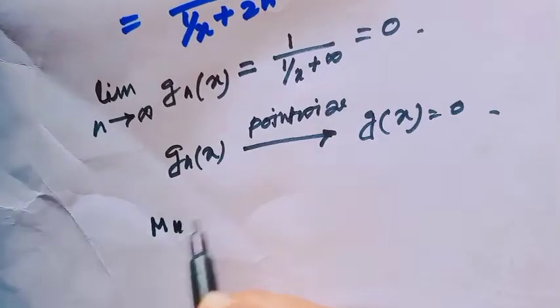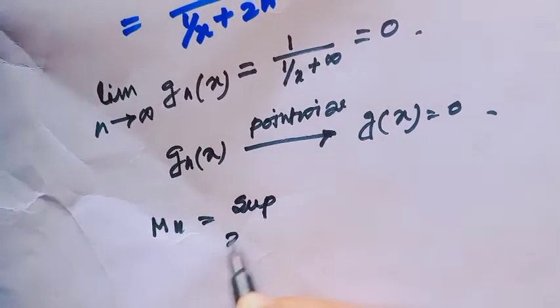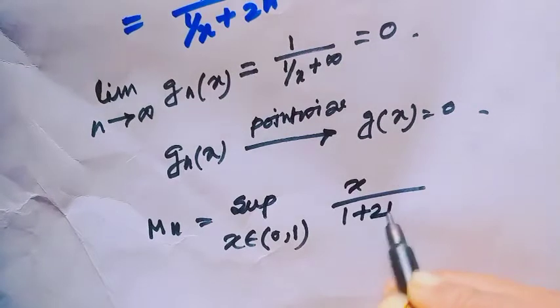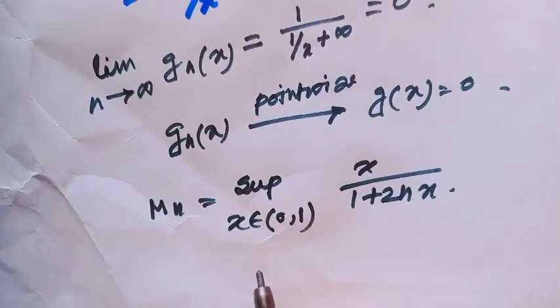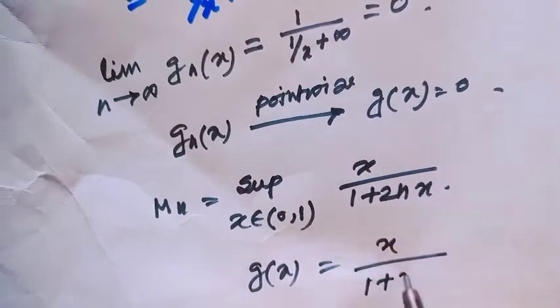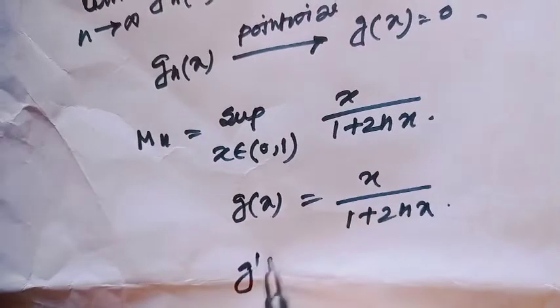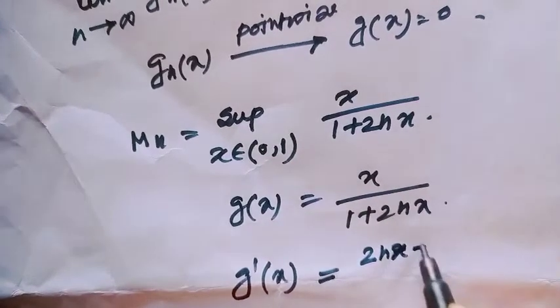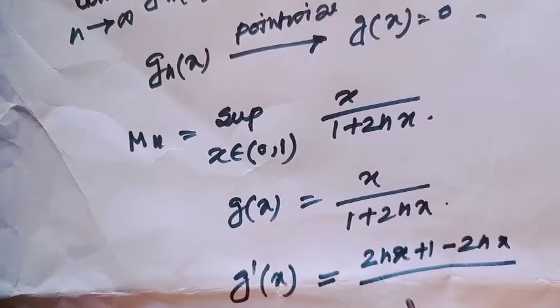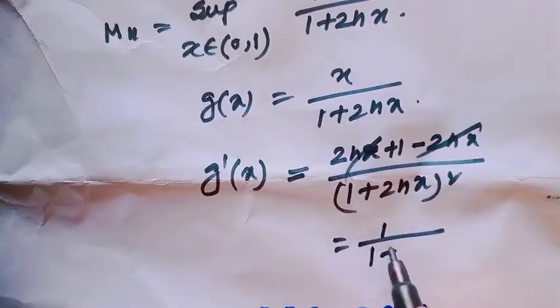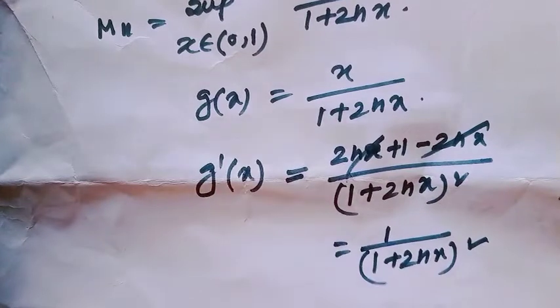Here M_n equals the supremum over x in the open interval (0, 1) of x over 1 plus 2nx. Consider this function again as g(x) equal to x over 1 plus 2nx. Then calculate g prime of x. This would be (1 plus 2nx minus 2nx) over (1 plus 2nx) whole squared, which equals 1 over (1 plus 2nx) whole squared.